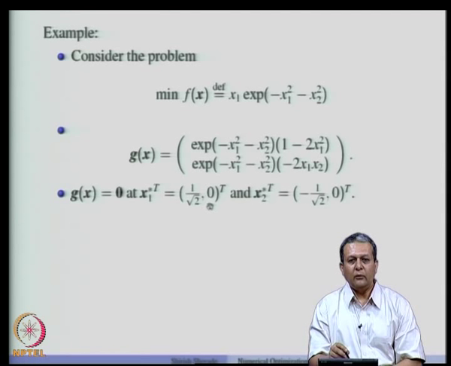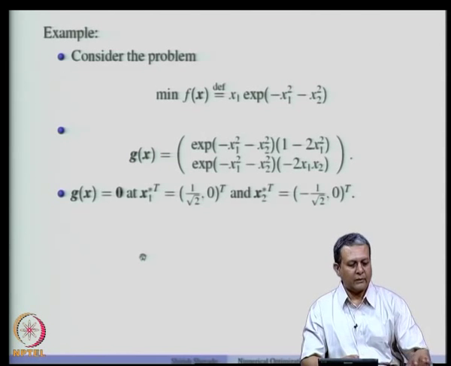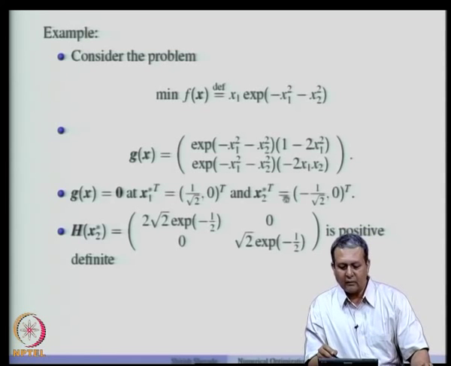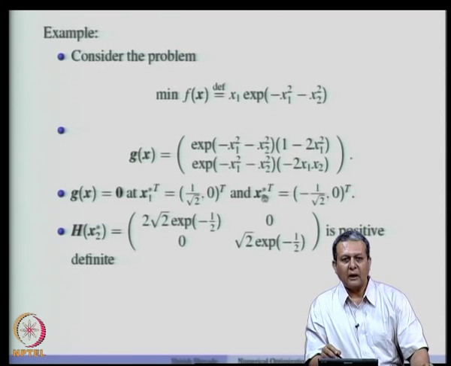Now to find out whether a stationary point is a local minimum or not, we need to go for higher order derivative information. So, let us take the Hessian matrix. Let us first take the point x2 star, and the Hessian matrix evaluated at x2 star is given here. Now, you will see that this term is positive, this term is positive.